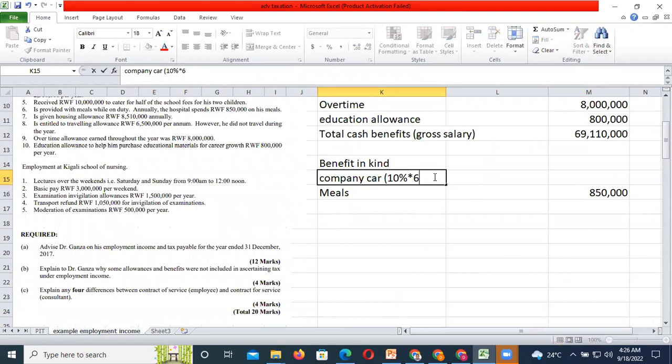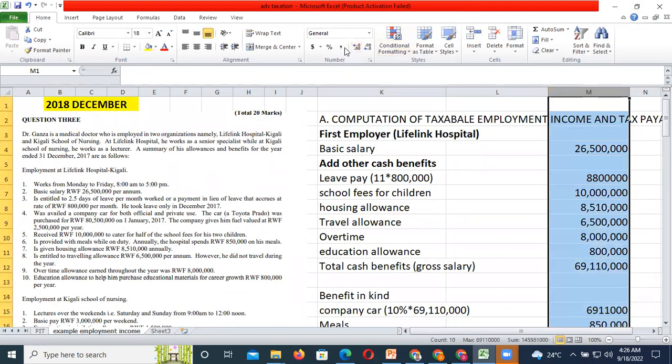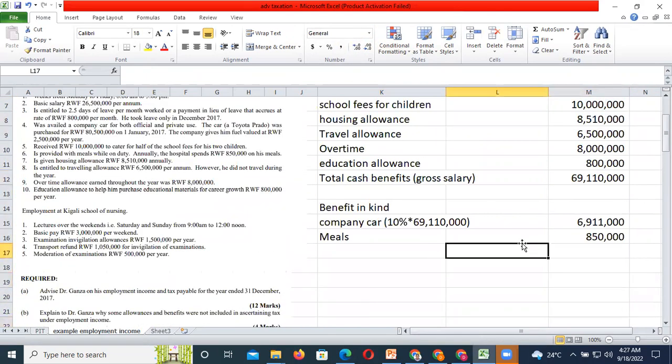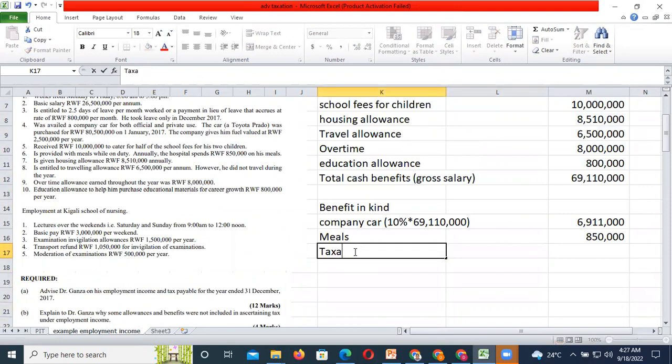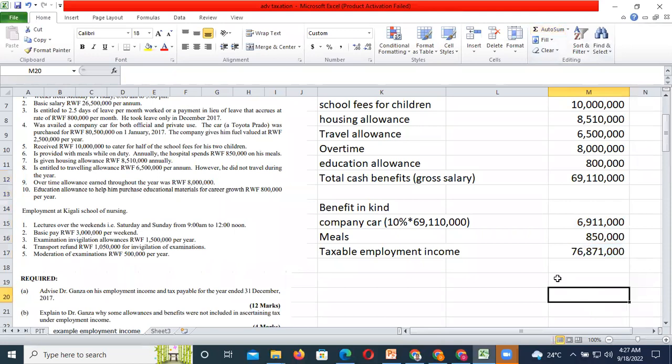I put 6,911 times 10%. I think I've covered all the information. So the taxable employment income will be 76,871.